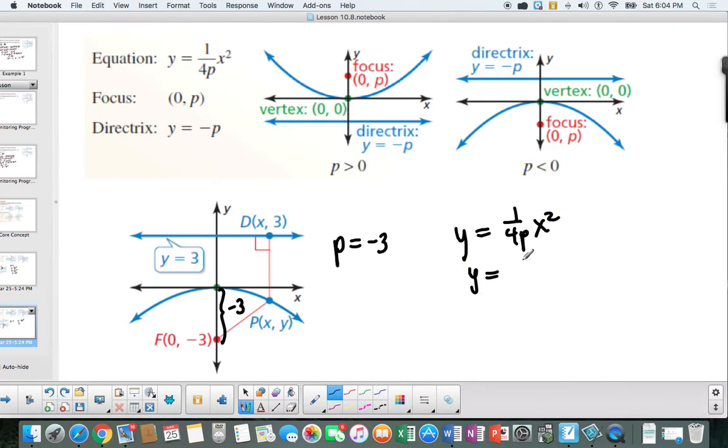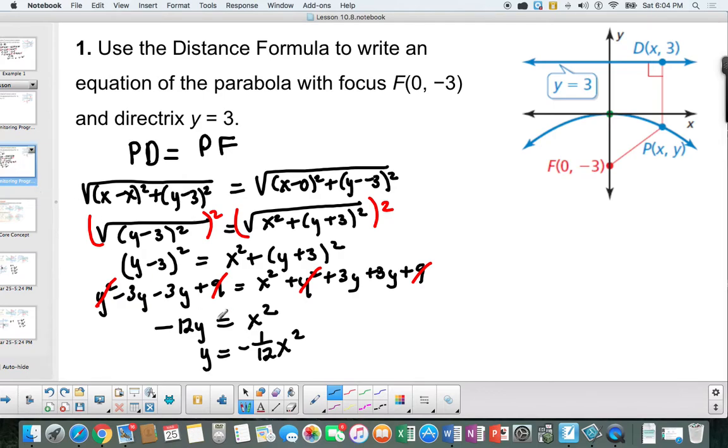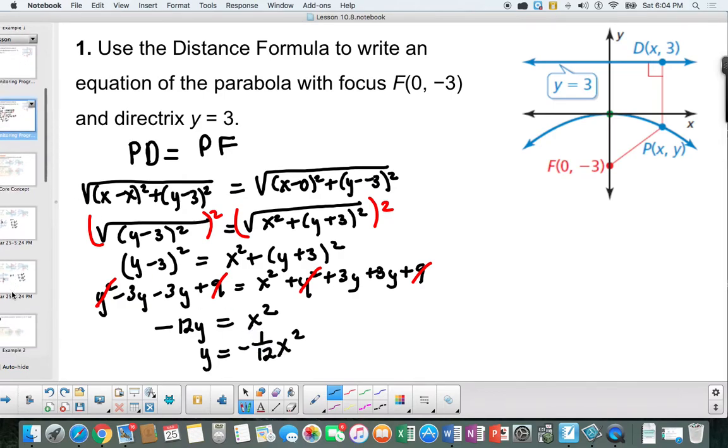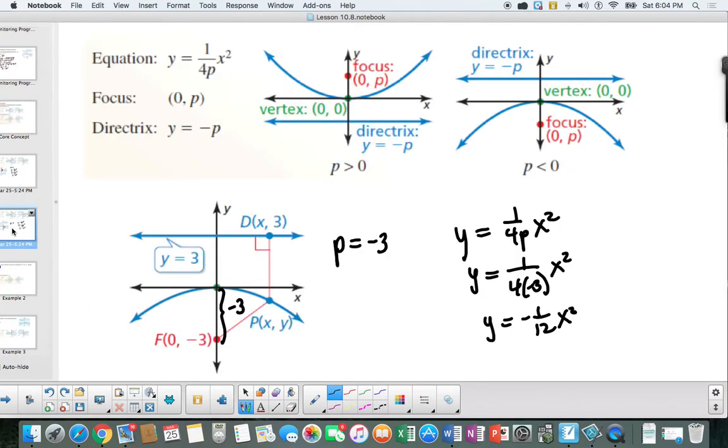And then I'm going to substitute negative 3 in here, and I'm going to get y is equal to negative 1/12 x squared. Now let me show you the screen again where you went through all the distances and got negative 1/12. So again, looking at this pattern is so much easier than figuring out distances.